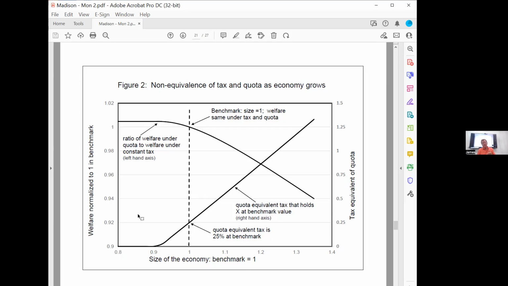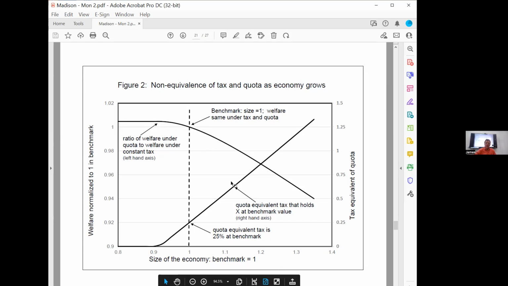The opposite occurs if from the benchmark you move to a larger economy, then production would naturally increase with just a tax, it's allowed to keep going up. But if it's a quantity side restriction, the quantity can't go up. And the only way to prevent the quantity from going up is to raise the tax equivalent to enforce the quota.